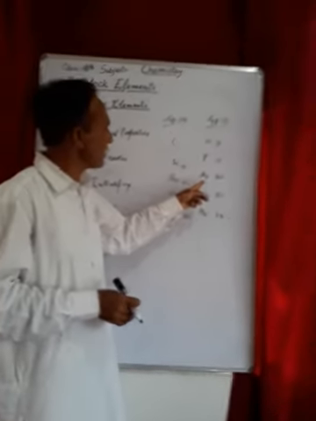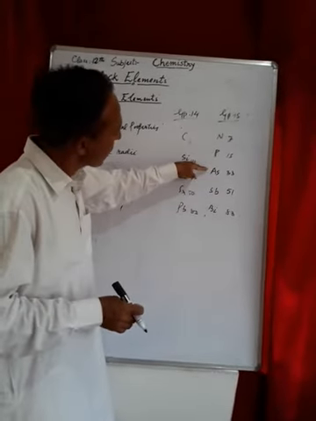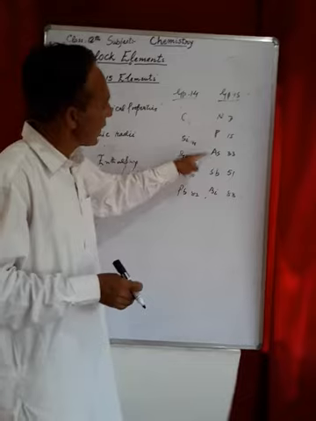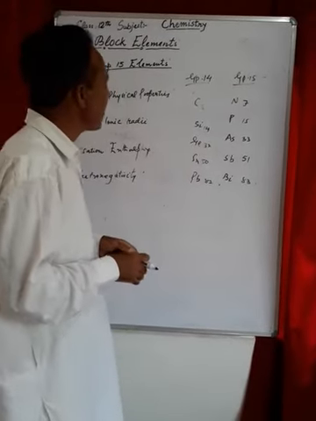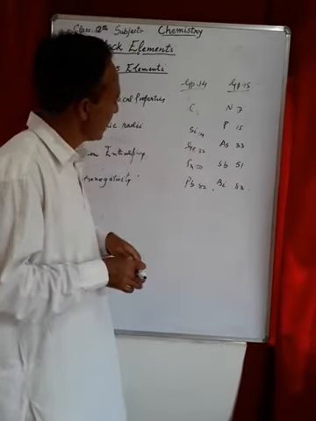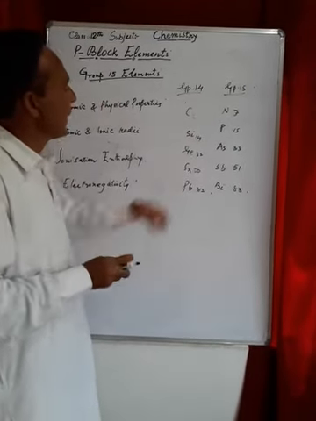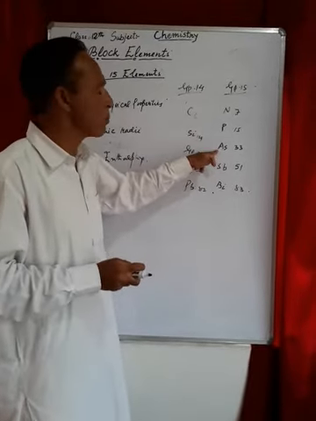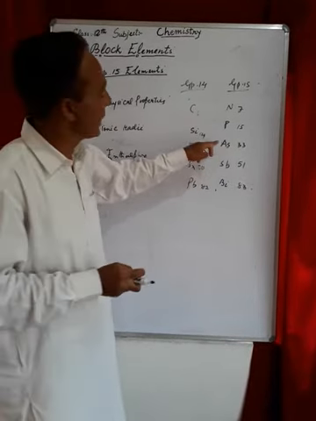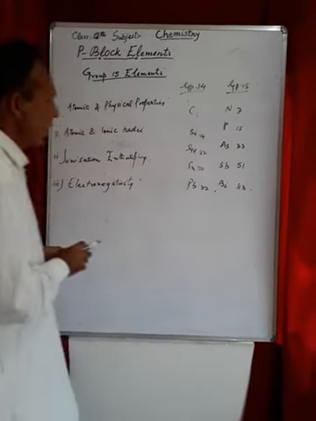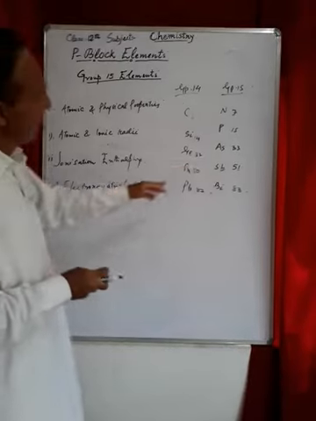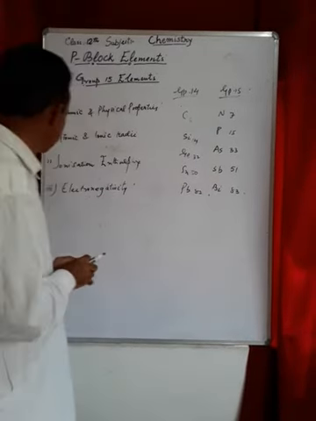Whereas from arsenic to bismuth, there is only a small increase in the covalent radii because of the poor shielding effect of the d and f electrons in the d and f subshells.